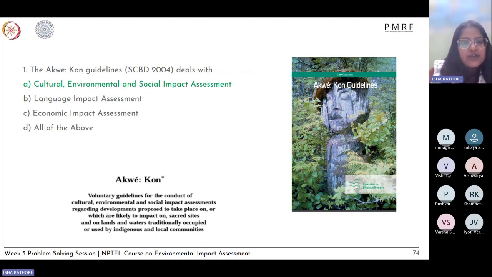These are for the conduct of cultural, environmental, and social impact assessment, which are undertaken regarding developments which are proposed to take place or likely to take place near sacred sites or on lands and areas traditionally occupied by indigenous and local communities. So they give you guidelines on cultural, environmental, and social impact assessment. So A is the correct answer.